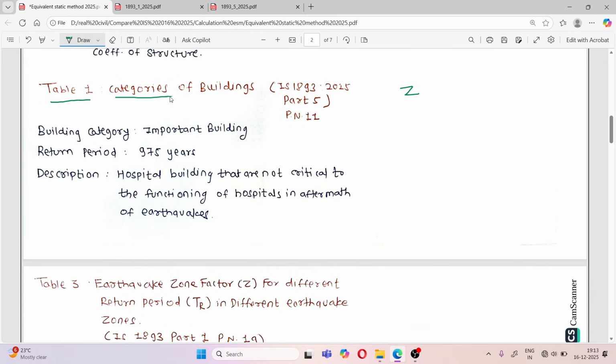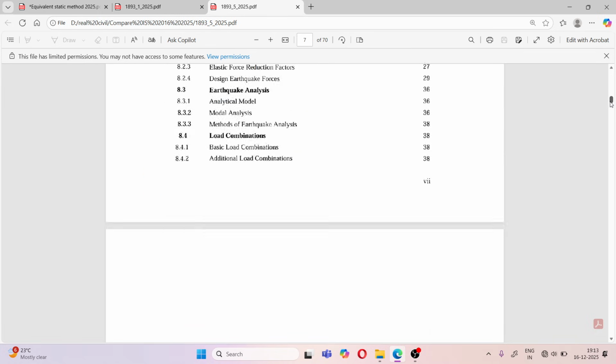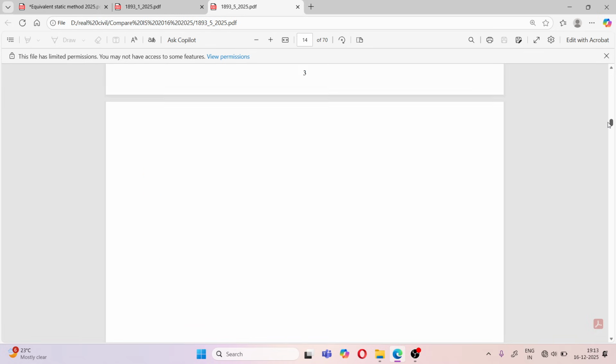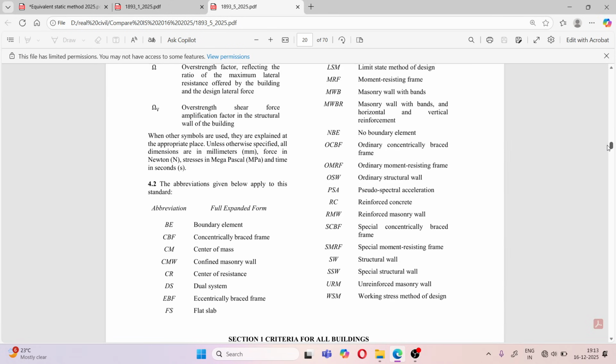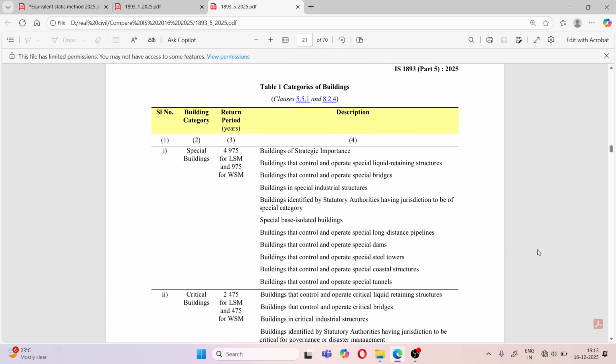the categories of the building, and this table is available in IS 1893 2025 Part 5, page number 11. If you go to this table, here you can see Table 1, categories of the building.